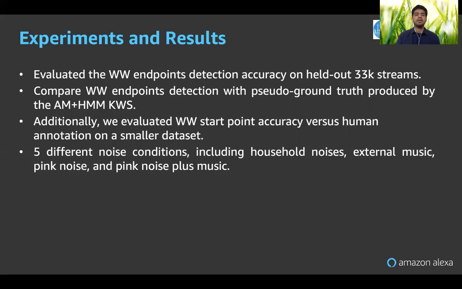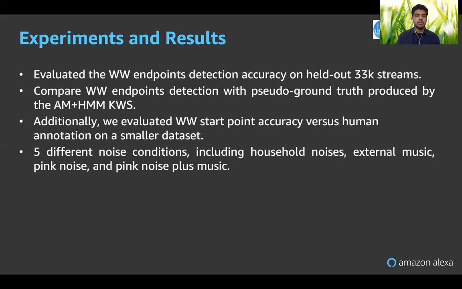It was annotated using a two-stage AM plus HMM keyword spotter. The reason being the human annotation was laborious, so we didn't have a mechanism to label it. But the main agenda of this entire project was to have a method which is on par with the AM and HMM KWS method. So we used that as our pseudo ground truth.